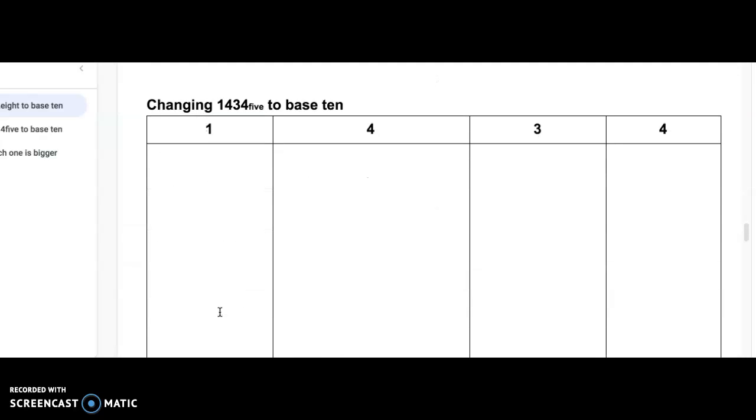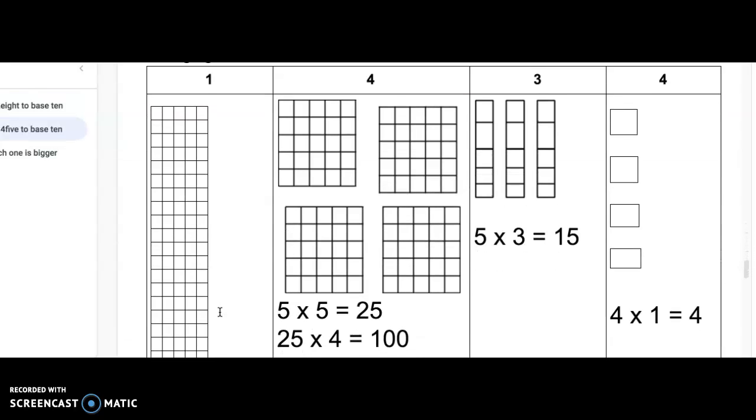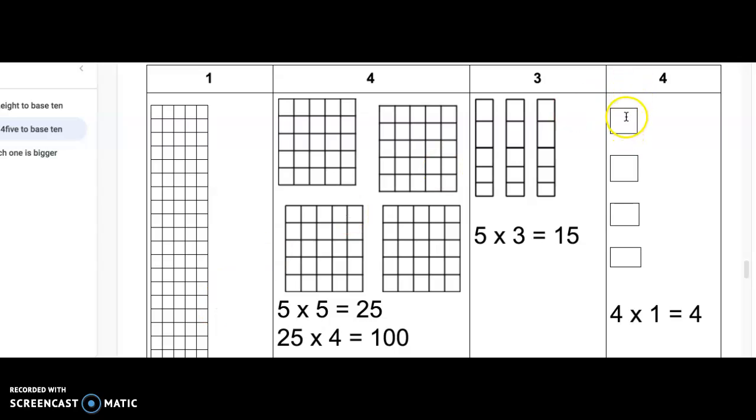And then moving to your next number, 1434 base 5, changing that to base 10, we're going to use the same example. So you have 4 cubes, and each of them is equal to 1, because you're in your ones column. So you're going to take 4 times 1, and that gives you 4. And then in your tens column, you have 3 longs, and each of them has 5 in it. 1, 2, 3, 4, 5.